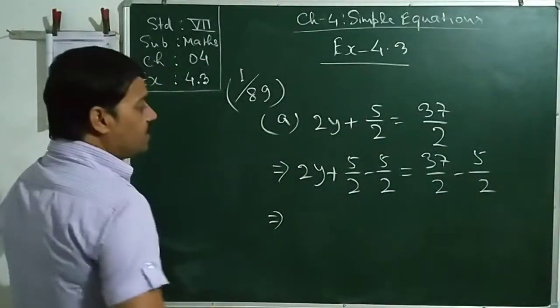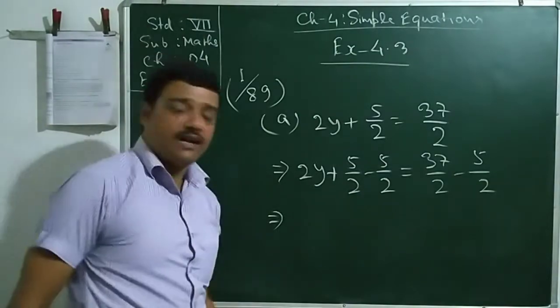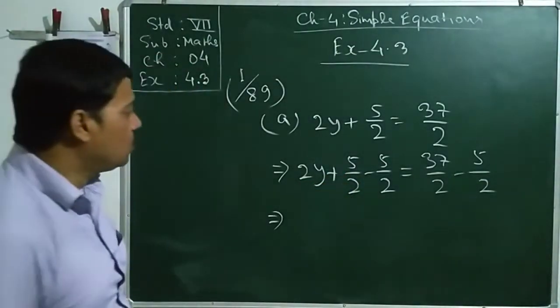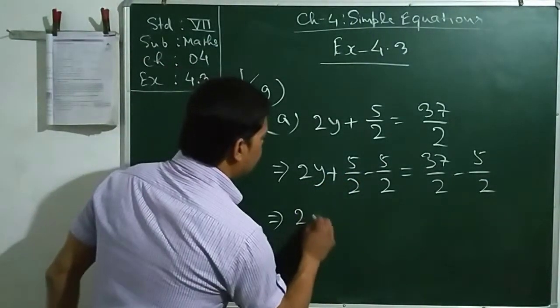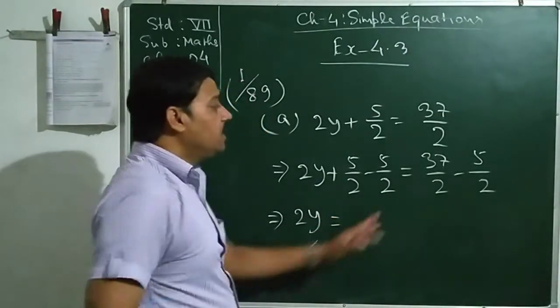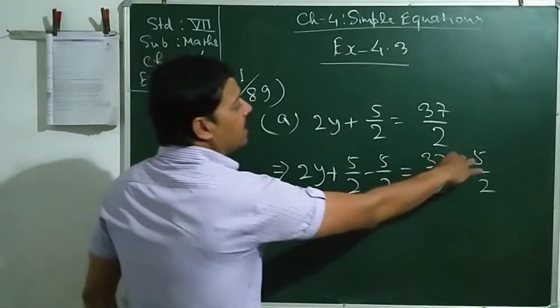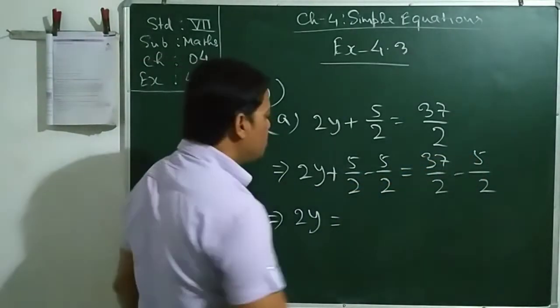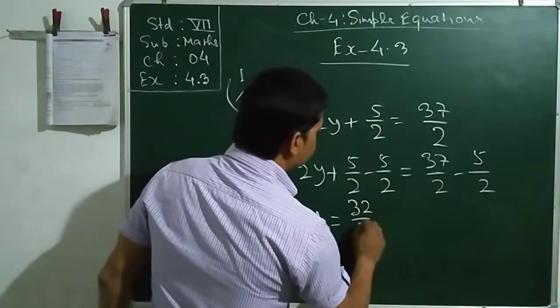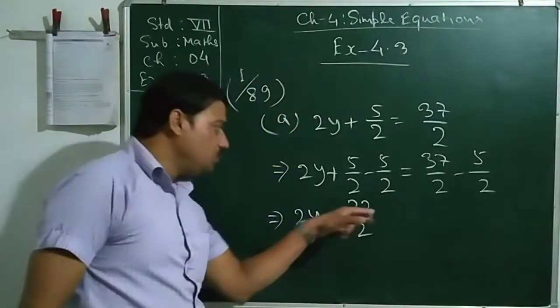See, the result of plus 5 by 2 minus 5 by 2 became 0. We got here 2y only, and 2y equal to 37 by 2 minus 5 by 2. Of course it will be 37 minus 5, that is 32 by 2. You know 32 by 2 is 16.